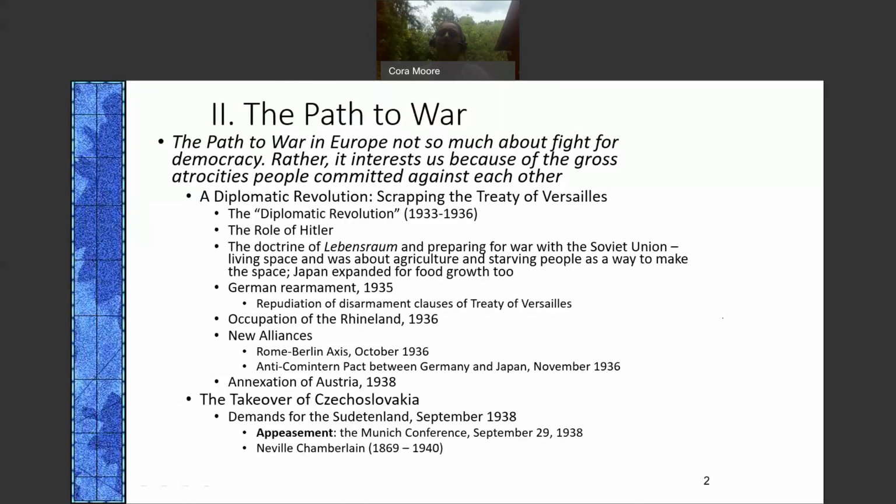And then we have the Nuremberg trials, the trials after World War II, where a lot of those higher-up SS officers were put on trial and charged with those atrocities that they committed against the Jewish population and other minorities.